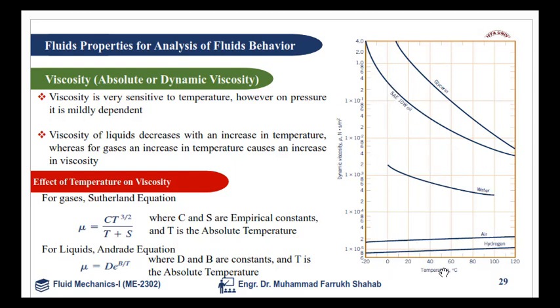On the contrary, when you increase the temperature, the viscosity of air and hydrogen, which are gases, increases. This phenomenon can be explained by the fact that when you increase the temperature, the average kinetic energy of the molecules increases, which means the randomness increases and the probability of molecules colliding with each other increases, whereas in the case of a liquid, when the temperature increases, the bond between the molecules or particles gets weakened, and that allows the fluid to flow easily.